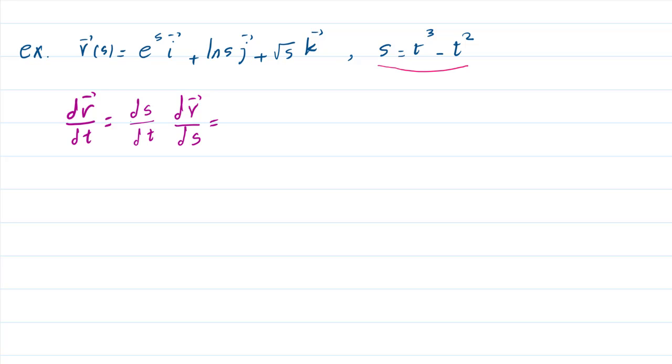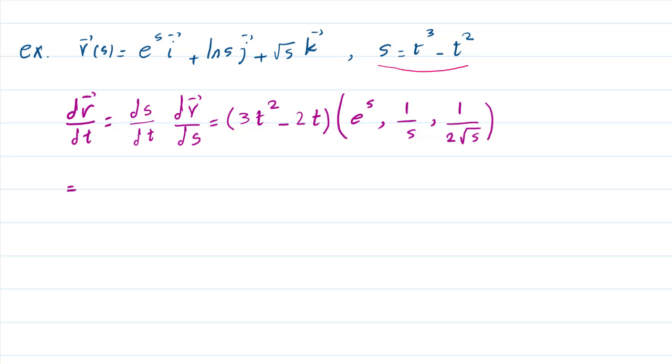Okay, derivative of s with respect to the t, derivative of t cubed is 3 times t squared minus derivative of t squared is equal to 2 times t times derivative of r with respect to the s. Derivative of e to the s is itself. Derivative of ln of s is 1 over s, and derivative of square root of s is 1 over 2 times square root of s.